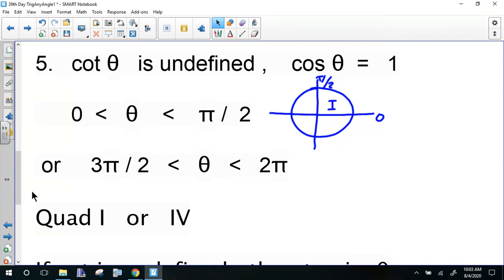So everything's positive in quadrant 1. Cotangent is undefined. It tells us it could also happen in quadrant 4. Quadrant 1 or quadrant 4. They give us those domains.